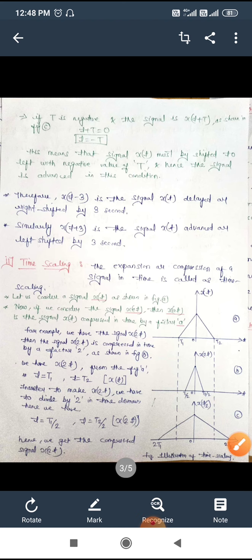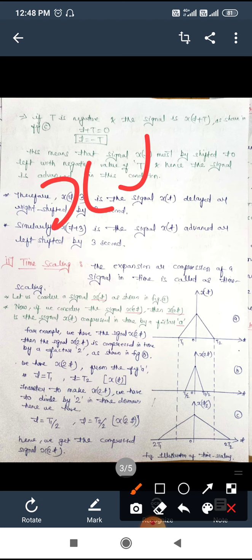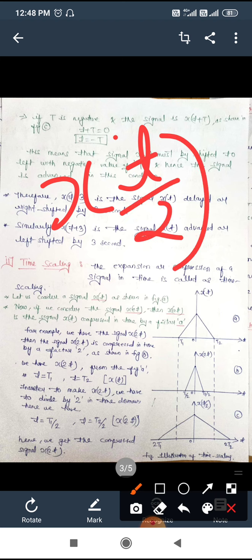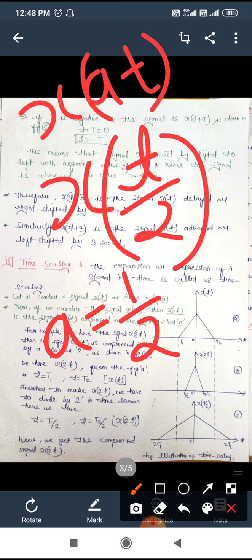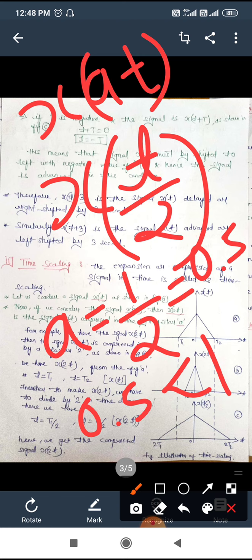Now if we want an example of expansion, then we have x of t by 2. If we compare this with x of at, we get the value a equals 1 by 2. Obviously 1 by 2 is nothing but 0.5, and 0.5 is less than 1.